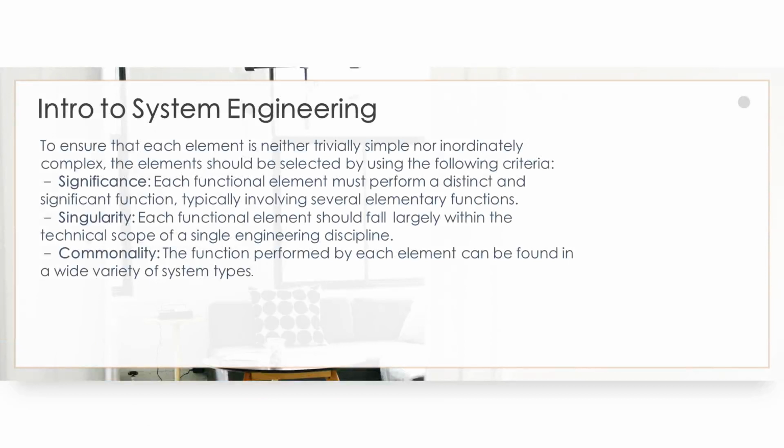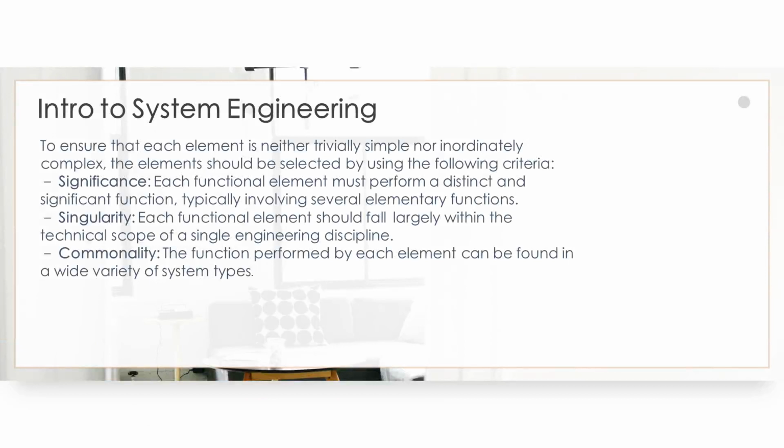3 criteria. The first is significance, which means that each functional element must perform a distinct and significant function, because this can make a market profit. The second is singularity: to keep your product very special so that it is not replaced by others, we need to focus on singularity.